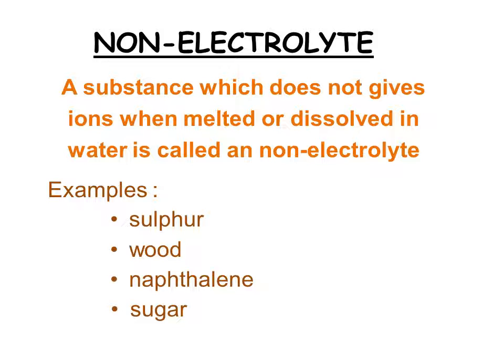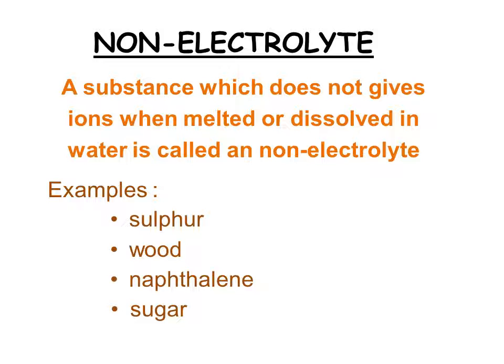Example, sulfur. If we dissolve sulfur in water, no ion is released. Similarly, if we dissolve wood in water, no ion is released. Even naphthalene doesn't release ions. Sugar also doesn't release ions. So we have talked about electrolyte and non-electrolyte.